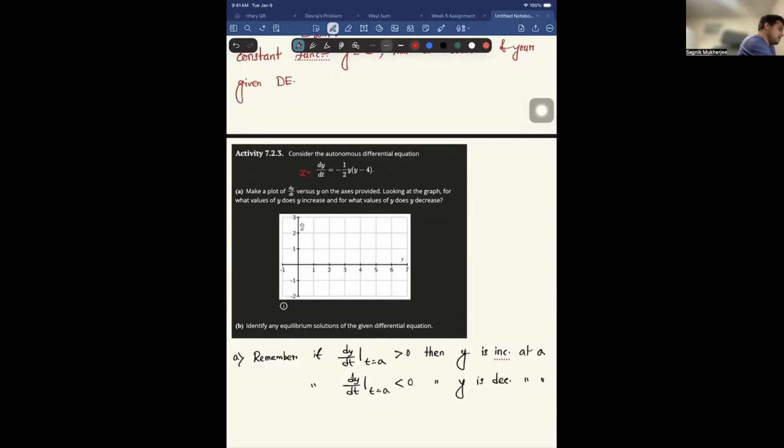You have seen this before. What kind of graph do you get when you plot y equals negative 1/2 x times x minus 4? It's a parabola, right? A parabola that cuts at 0 and 4, opening downward, right? So naturally, here the variables are kind of messed up. So it is not y versus x, it is z versus y. But the equation does not change, right? So it is going to be a parabola that will cut at 0. Let's see if I can draw it.